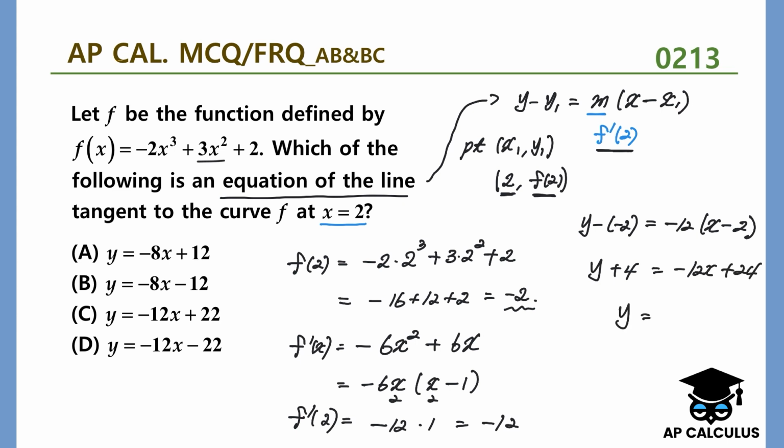Oops, I made a mistake here. This is not 4, that's plus 2. So subtract 2 each side. So that's going to be y equals negative 12x plus 22. So the answer must be C, right?